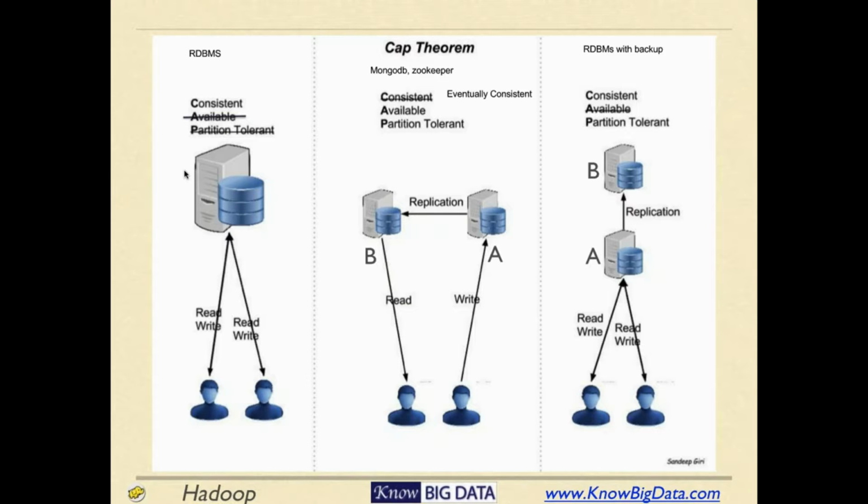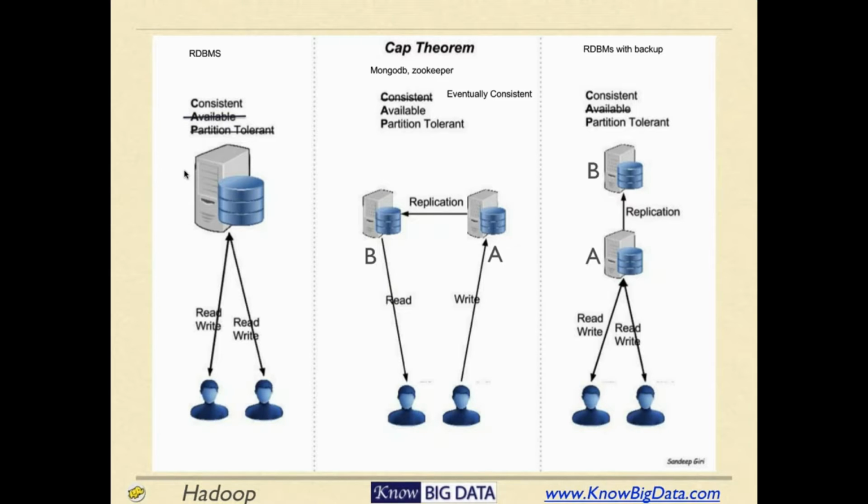Now let's take a look at the second diagram. In the second diagram, people are writing to A and reading from B, although some people would be reading from A as well. Therefore, people reading from A and people reading from B will see the data at different points of time.